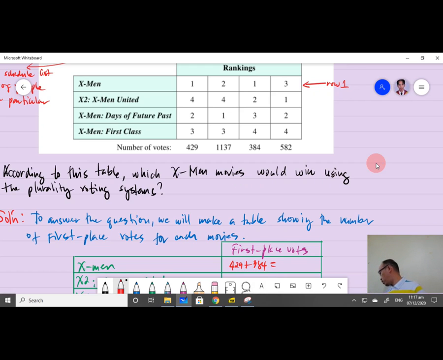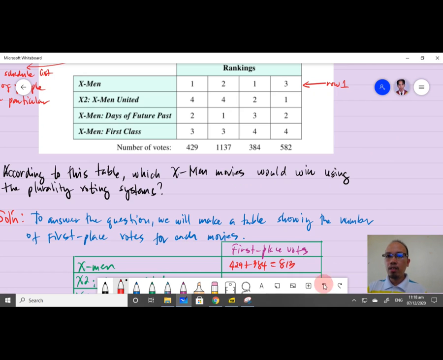Where's my calculator? Somewhere here. So 429 plus 384, the answer is 813.